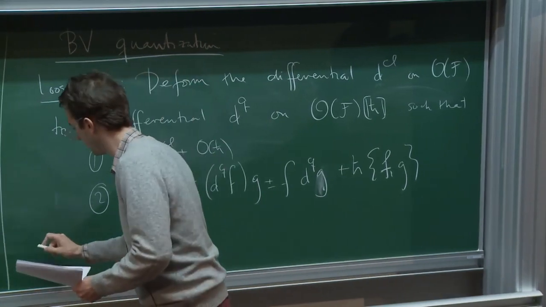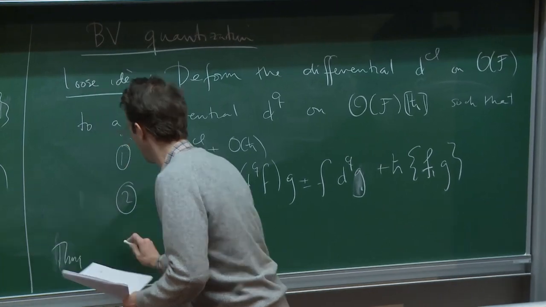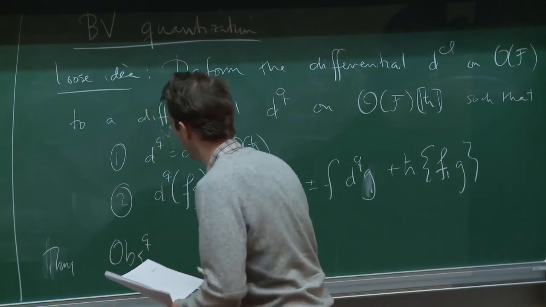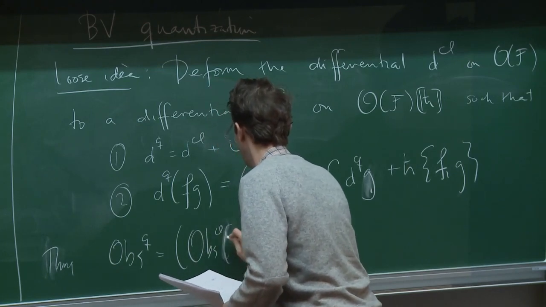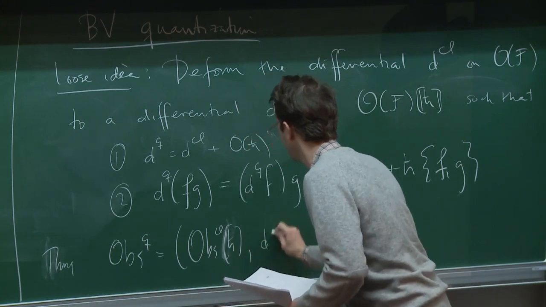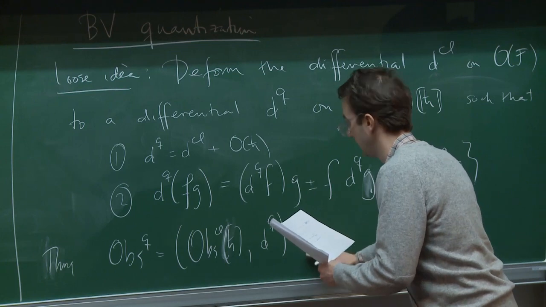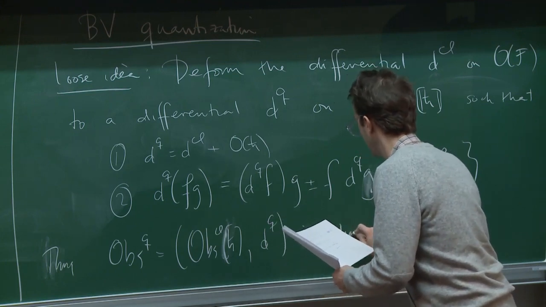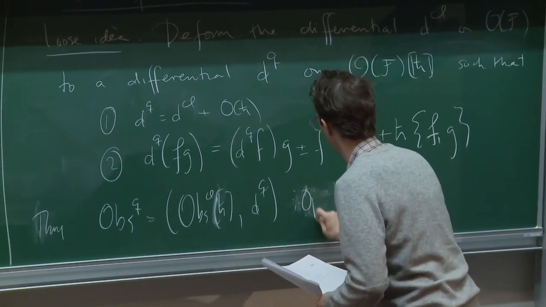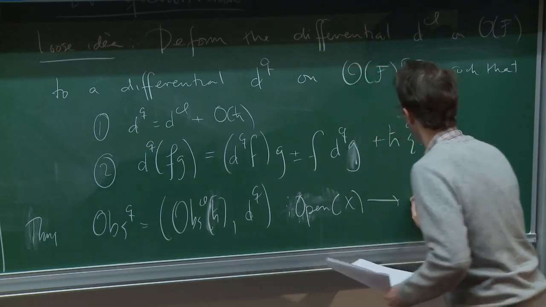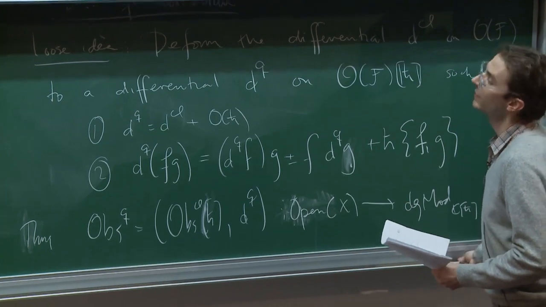And let me remark, the quantum observables, if you can find them, which is exactly the classical observables with h-bar dependence in this differential, is still a functor, but now it's a functor from opens to dg modules over h-bar.